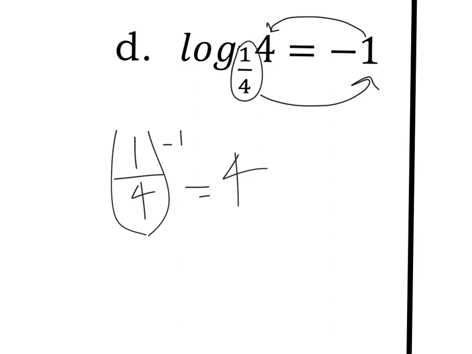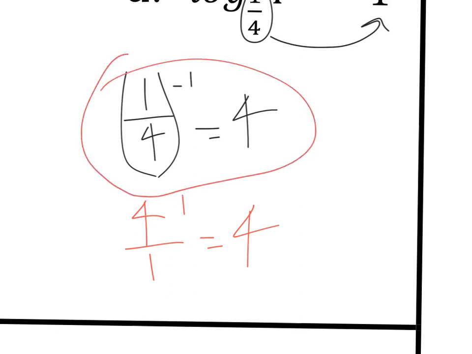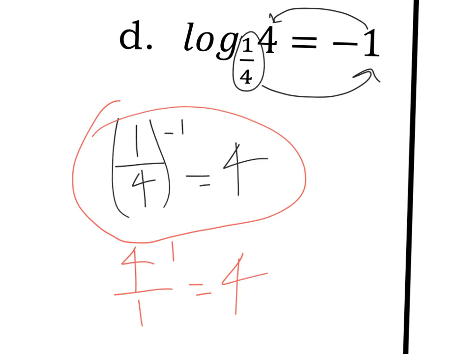So 1/4 is already a fraction, so if you have a negative exponent with the fraction, you can just flip it. So instead of saying 1/4 to the power of -1, I can flip it: 4 over 1 to the power of 1 also equals 4. The more you know kind of thing. But ultimately this is what I'm looking for because that is the literal translation of what I gave you before in part D. So I hope that makes sense.